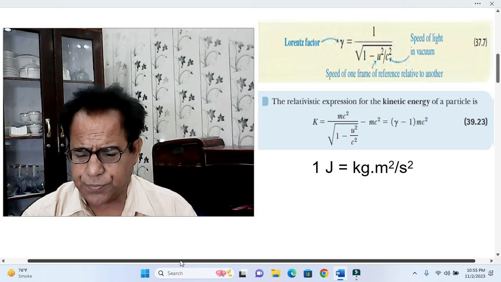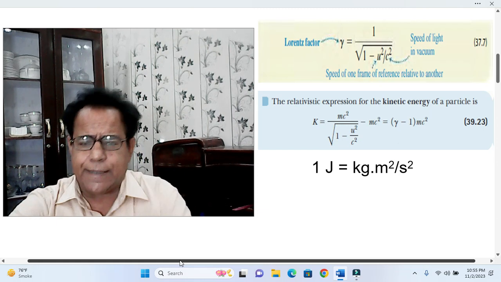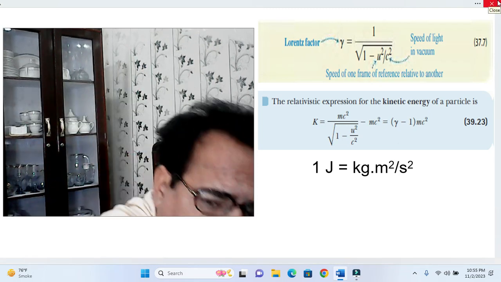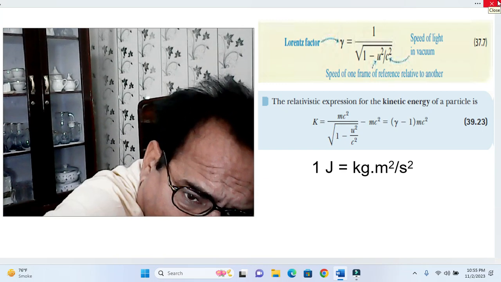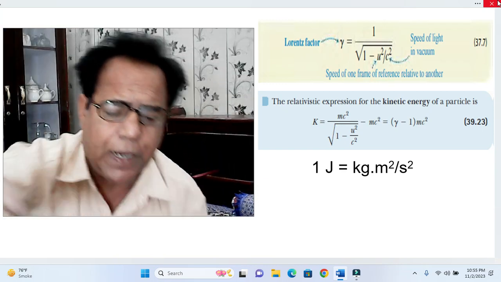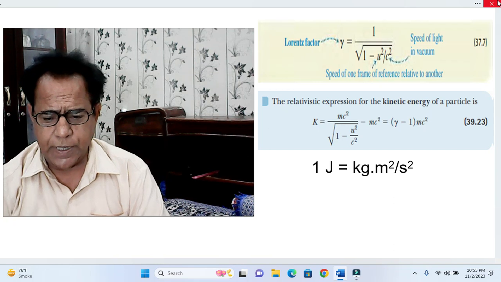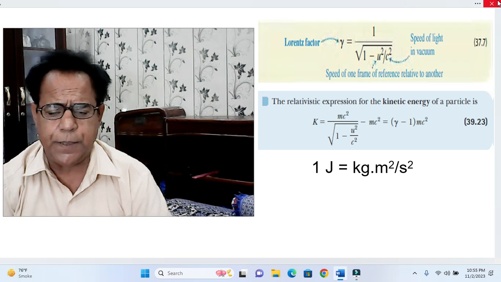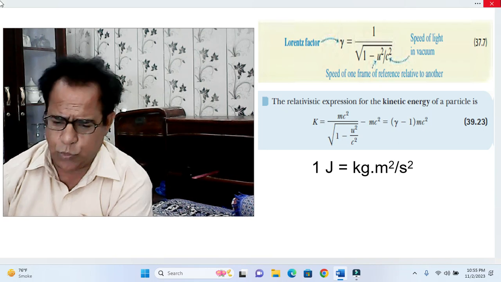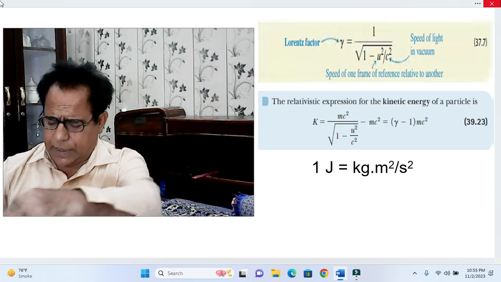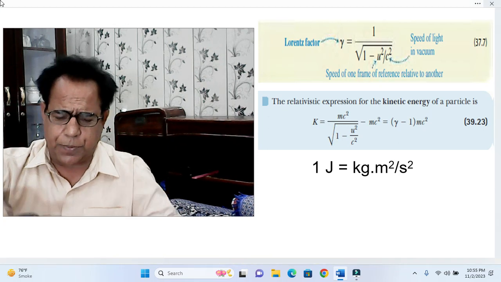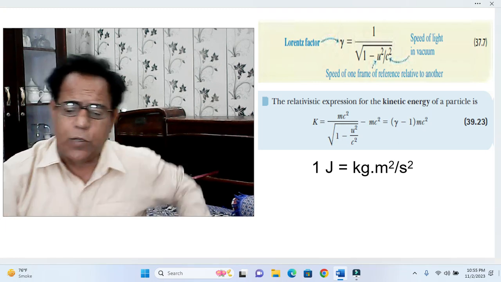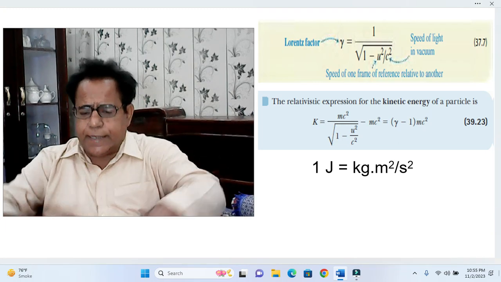Dear students, next after this snapshot, a conversion factor has been shown. What conversion factor? The derived units of joule have been explained: 1 joule is equal to 1 kilogram meter square per second square.